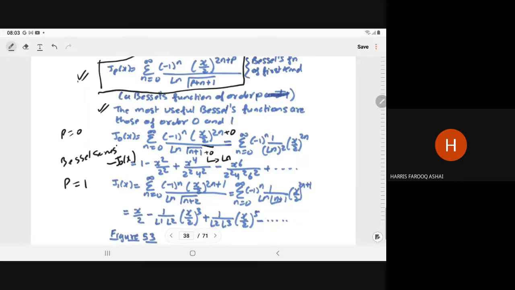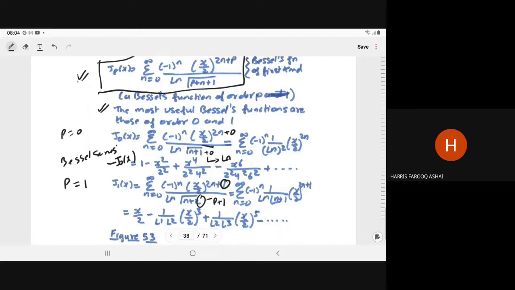Similarly, when we put p equal to 1, in general we have n plus p plus 1, so it is p plus 1. It will give the value gamma of n plus p plus 1, or gamma of n plus 2.